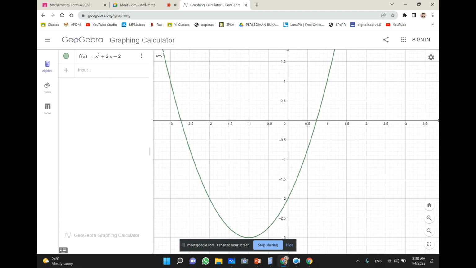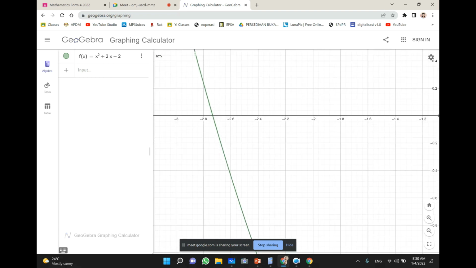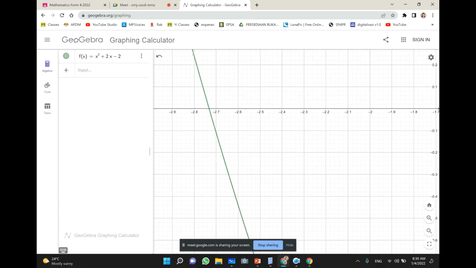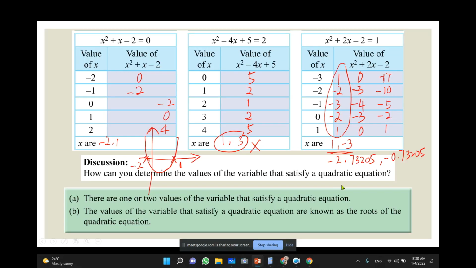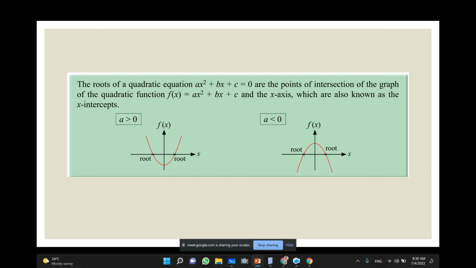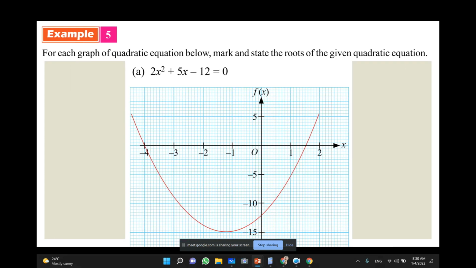You have to enlarge it, keep enlarging it to get the x-intercept. But from your calculator, you can get the exact value. So later on, I'm going to show you how to use the calculator to get the exact value like this also. We go through the example first. Okay, you also get ready your calculator while waiting for me to finish all of this.